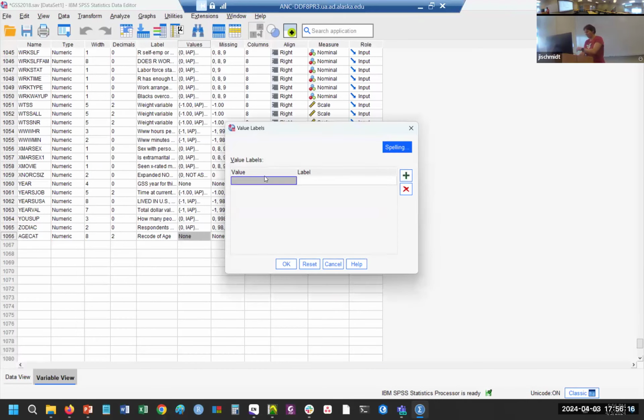So we had a value of 1, and that was under 21. We had a value of 2, and that was 21 to 39. 3 was 40 to 64. And then 4 was 65 and older.